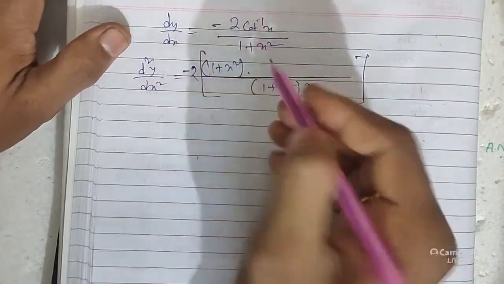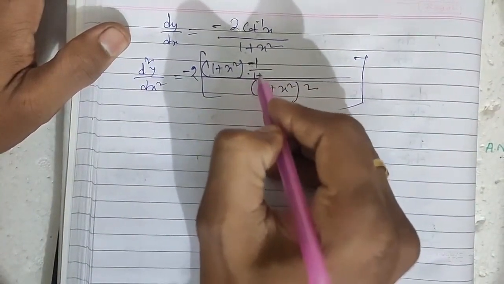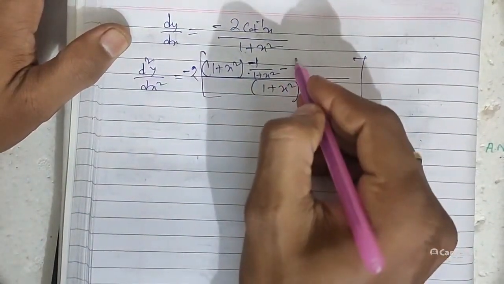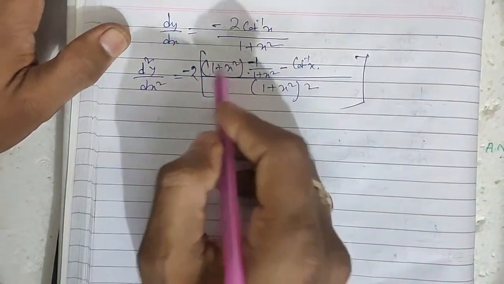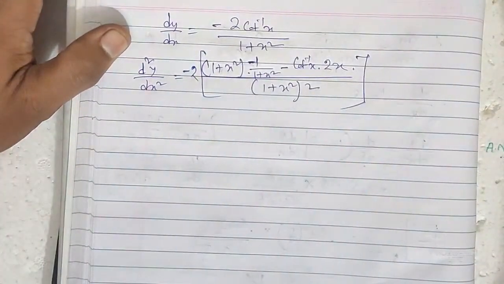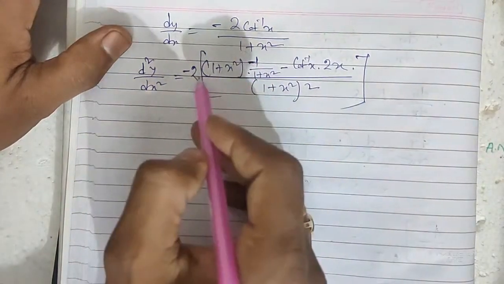Now d by dx of cot inverse x is minus 1 by 1 plus x square, minus cot inverse x unchanged, d by dx of 1 plus x square is 2x. Here this and this will cancel.